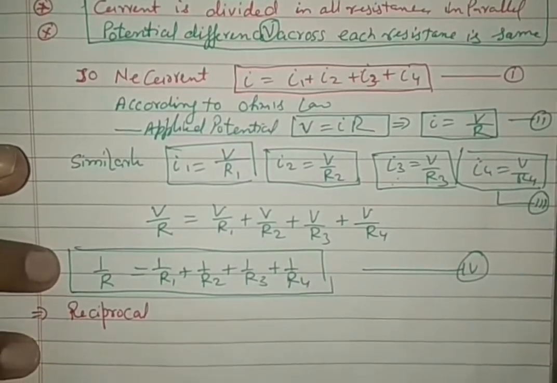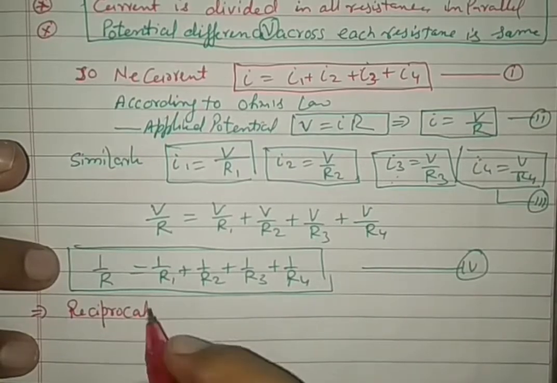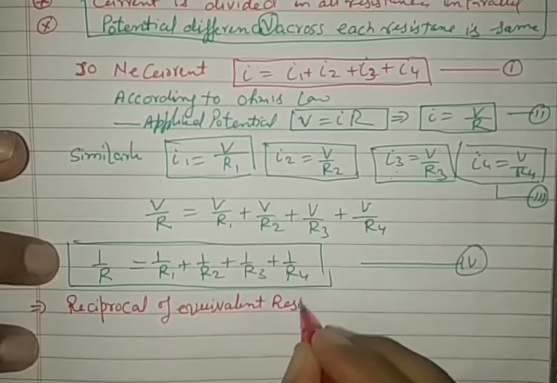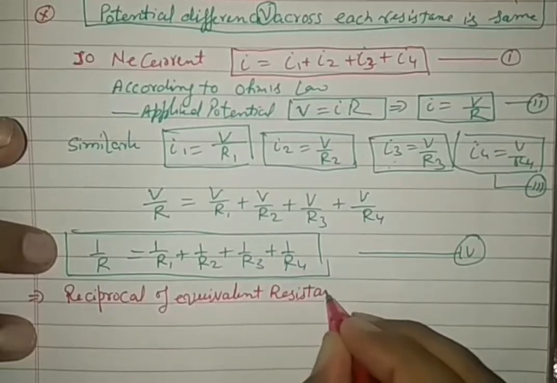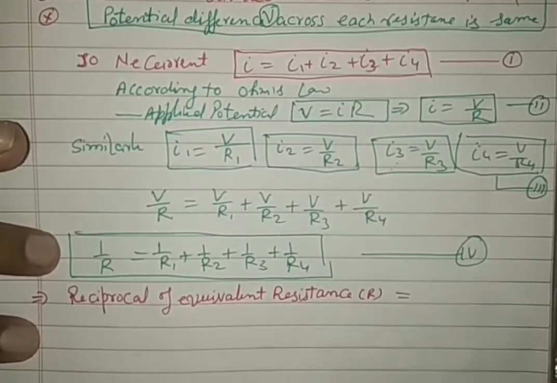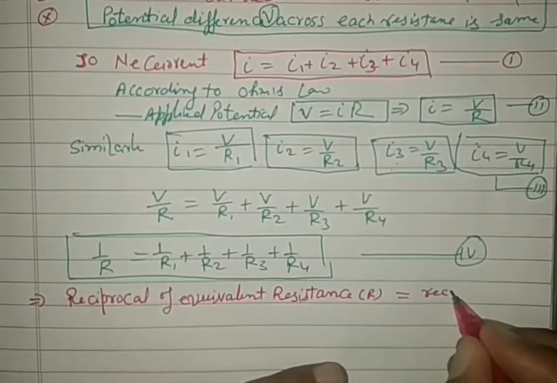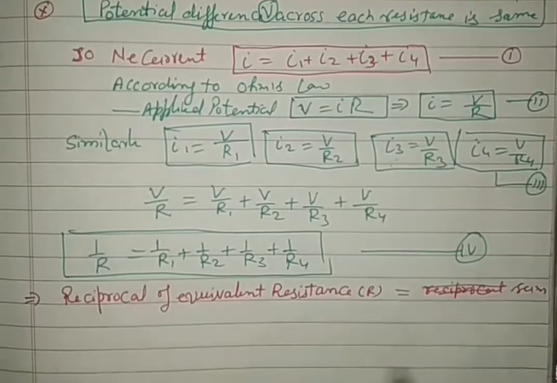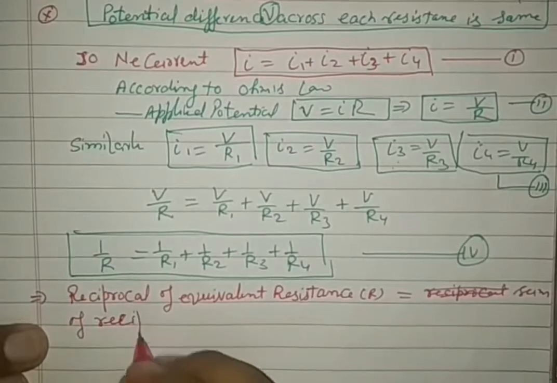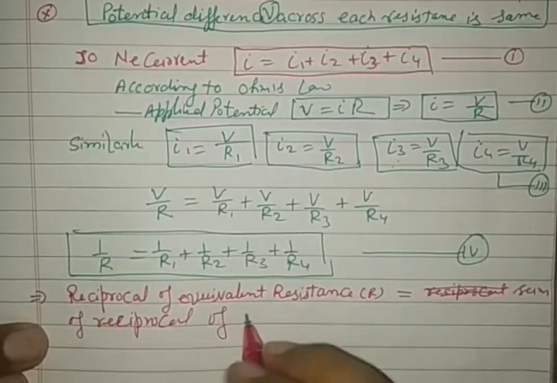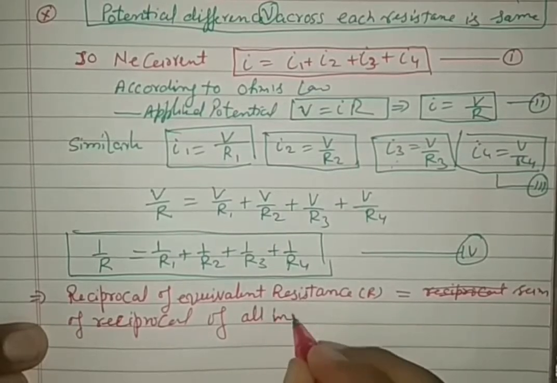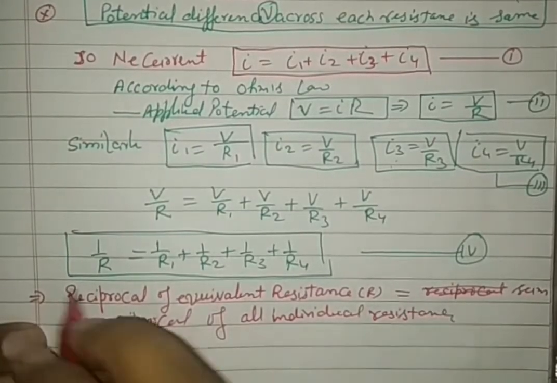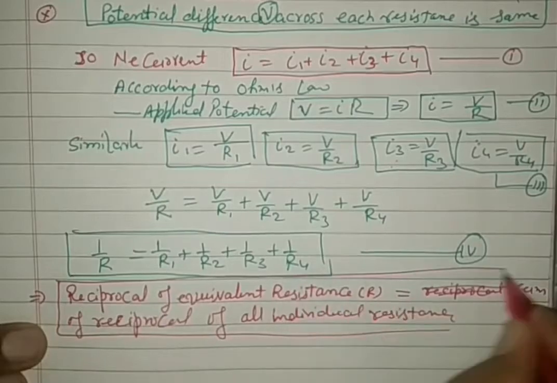Reciprocal means inverse. The reciprocal of R is 1 by R. The reciprocal of equivalent resistance R is equal to the sum of reciprocals of all the individual resistances. See carefully the meaning of the above equation.